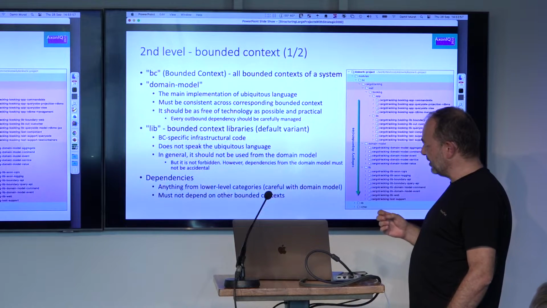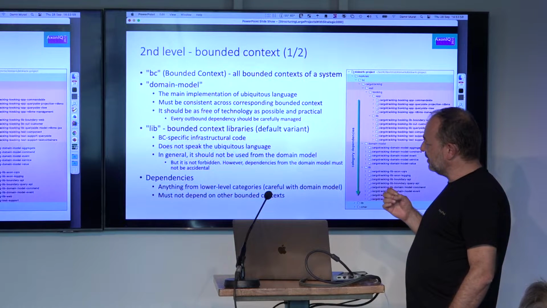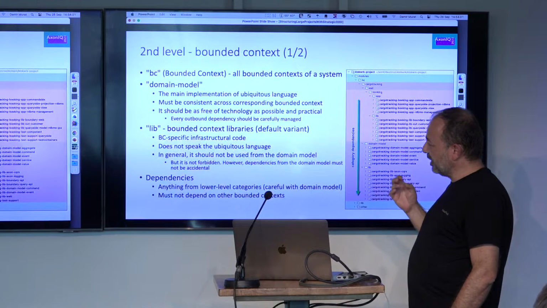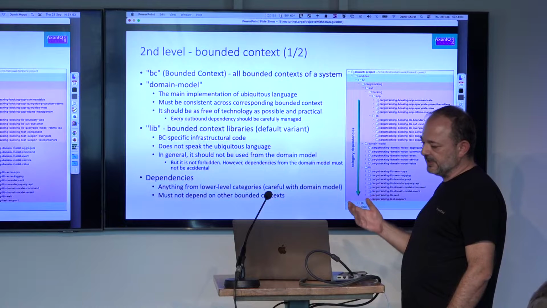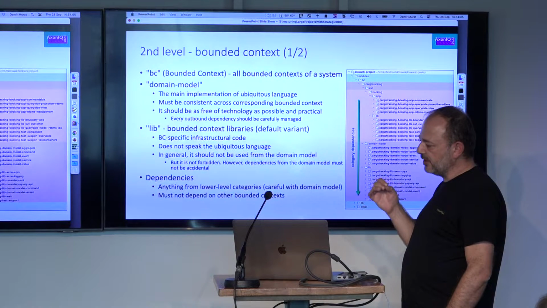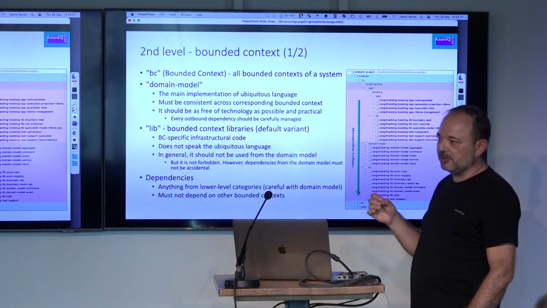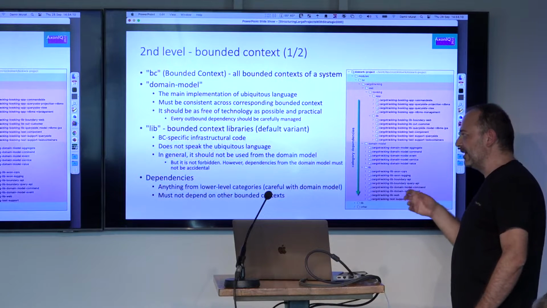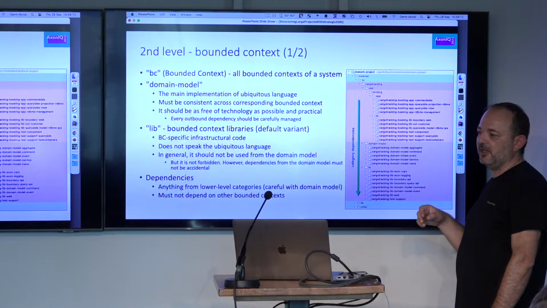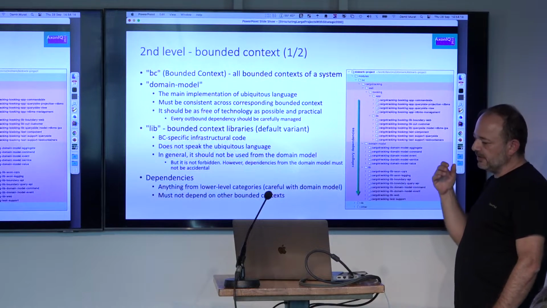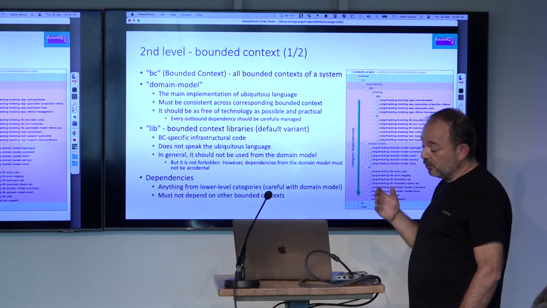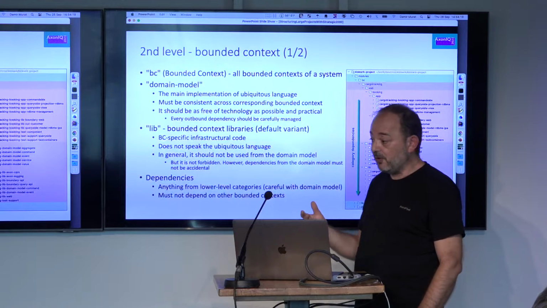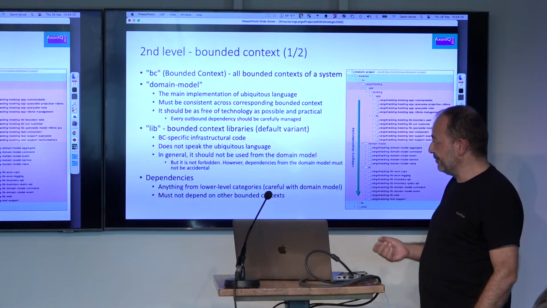I think this is impossible. But you can add third-party dependencies in there, but you have to carefully control them. It should never happen that you accidentally add a dependency to the domain model. If you have them, then it is very good to control them, and you can enforce this with tests.